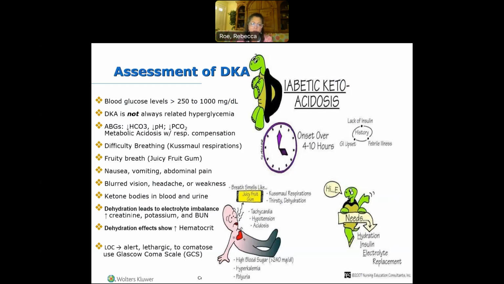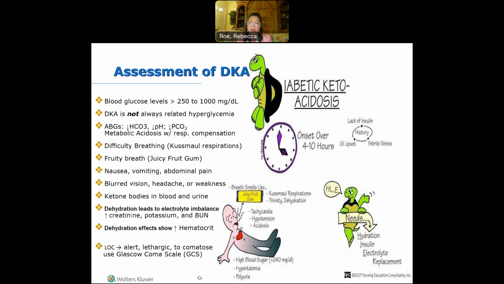That patient is breathing hard, breathing fast, and breathing deep and sighing with each one, mainly because they're trying to breathe off these ketones. Because they're breathing off these ketones, they're going to smell like they're breathing juicy fruit gum. And sometimes people say it smells kind of like alcohol, like you've had an alcoholic drink.